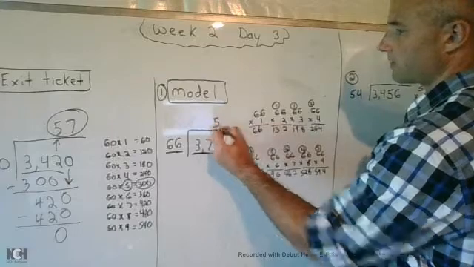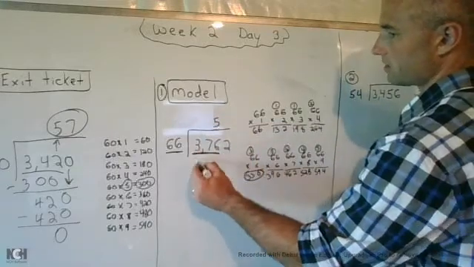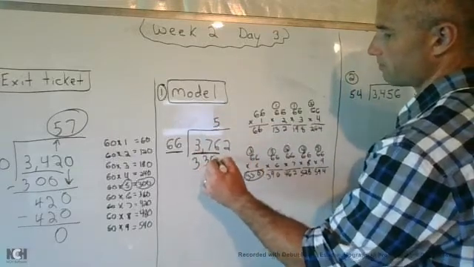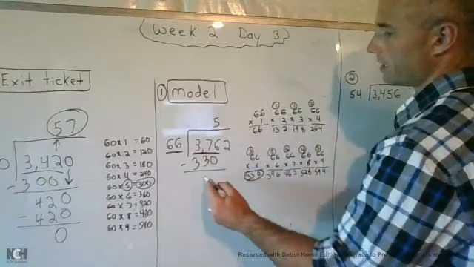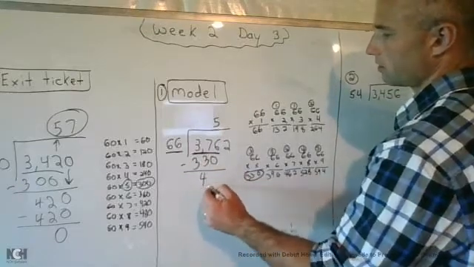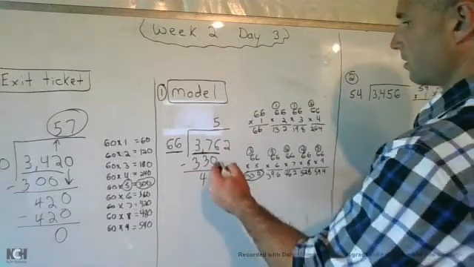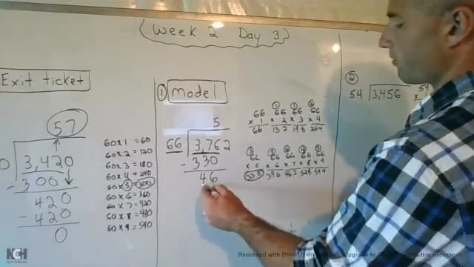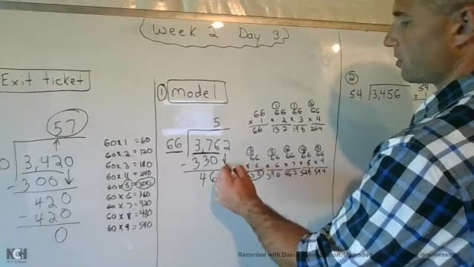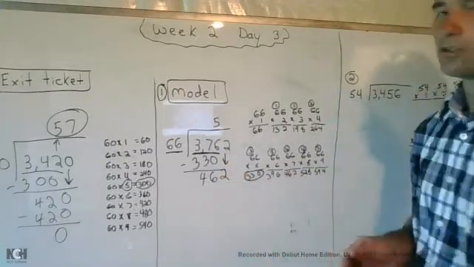Took me 5 times to get there. 5 times 66 gave me 330. I subtract, I get 46. Bring down my 2, I now have 462.